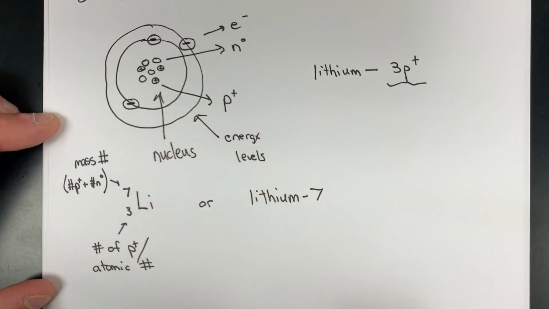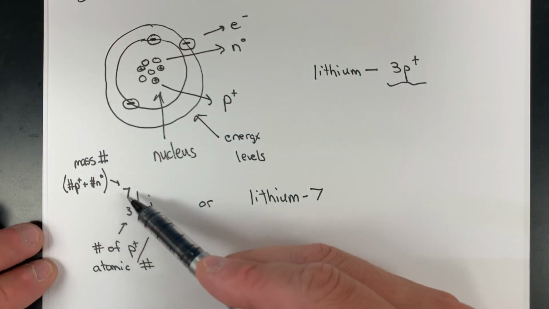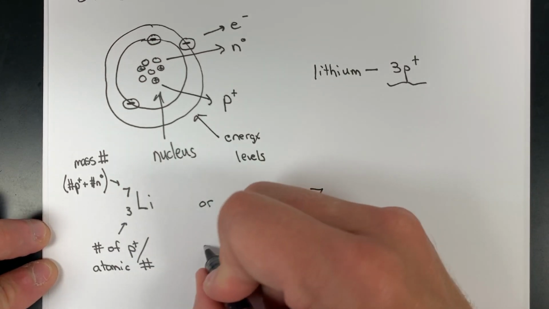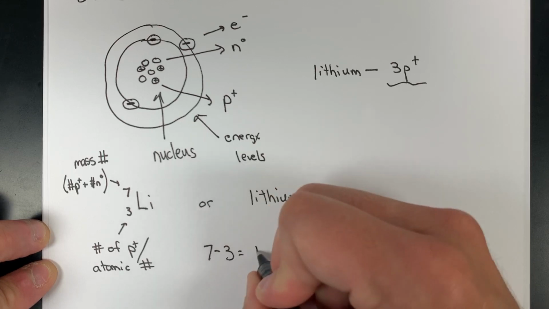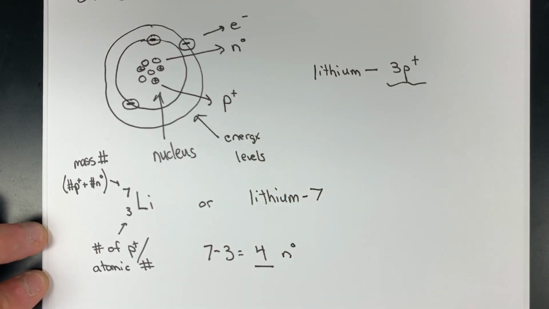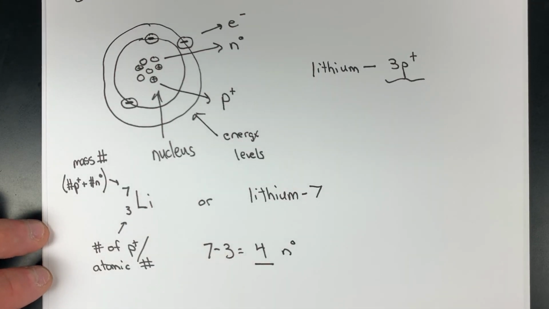So if we wanted to do some quick math, if we know that 7 is the sum of protons and neutrons, and 3 is the number of protons, well, 7 minus 3 gives us that we have 4 neutrons, okay?